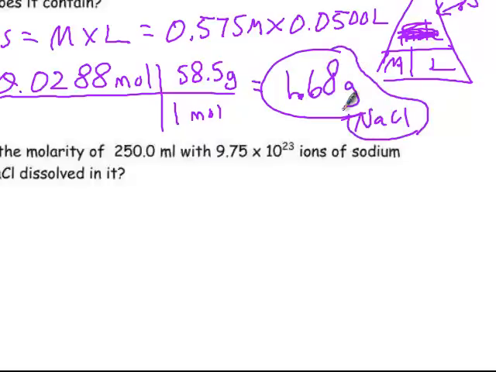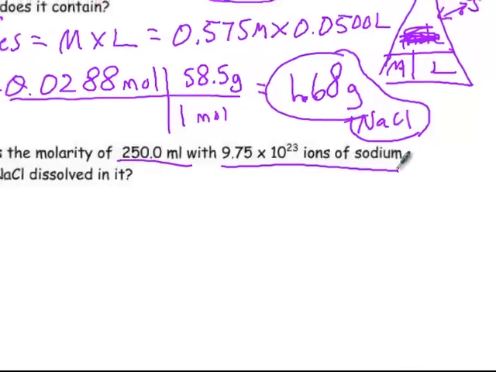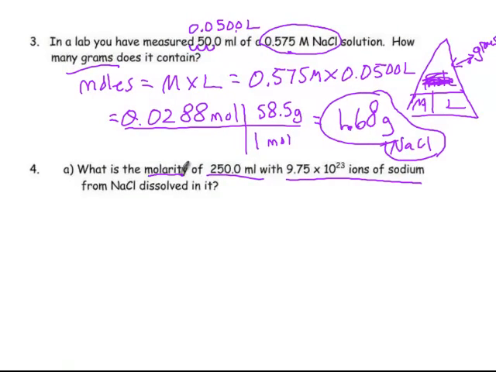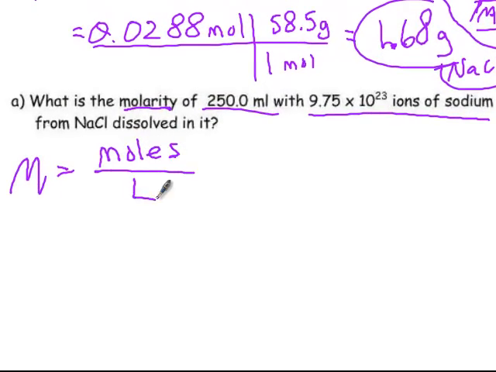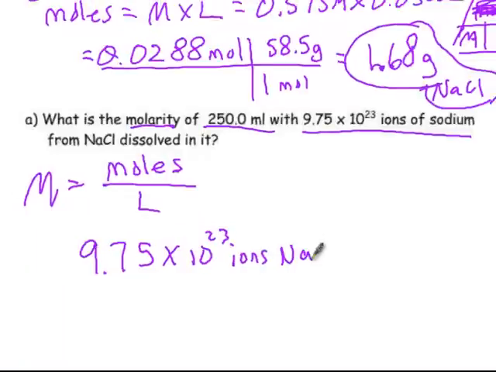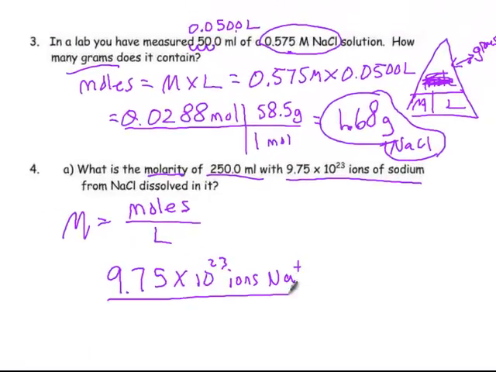All right, so number 4, what is the molarity of? So once again, we have a volume. This time we have ions of sodium. All right, so in order for me to do molarity, I need molarity equals moles divided by liters of solution. So I need moles. I'm given ions. So similar to those first type of questions, if I have that many ions of sodium in my solution, I need moles.